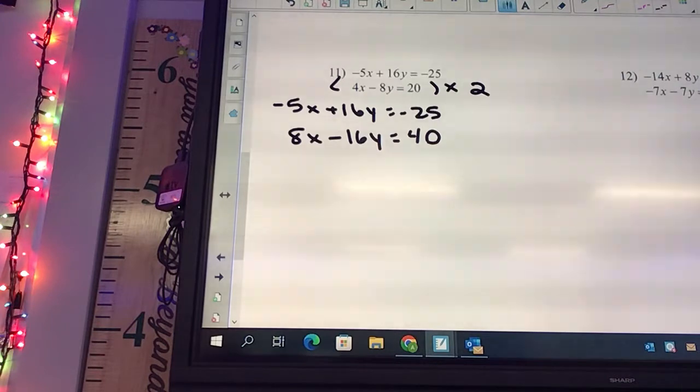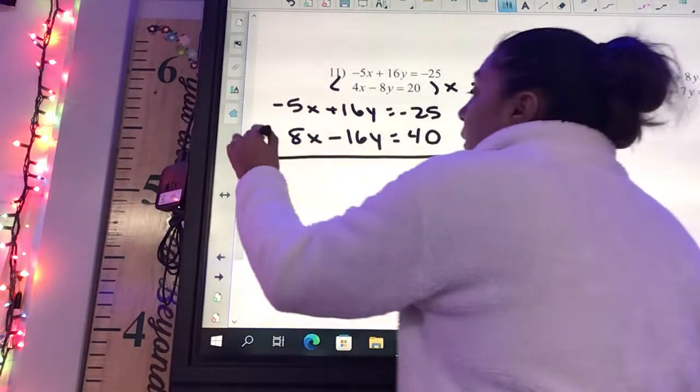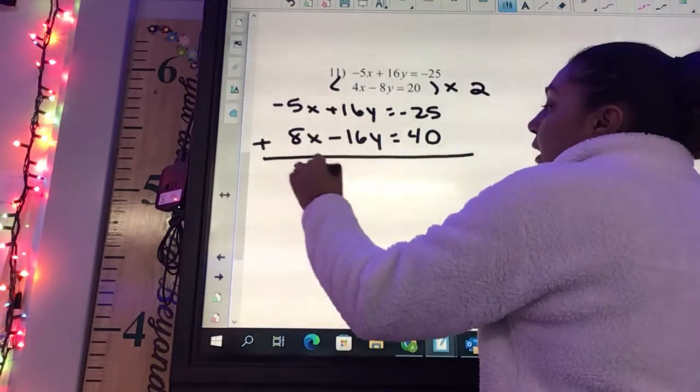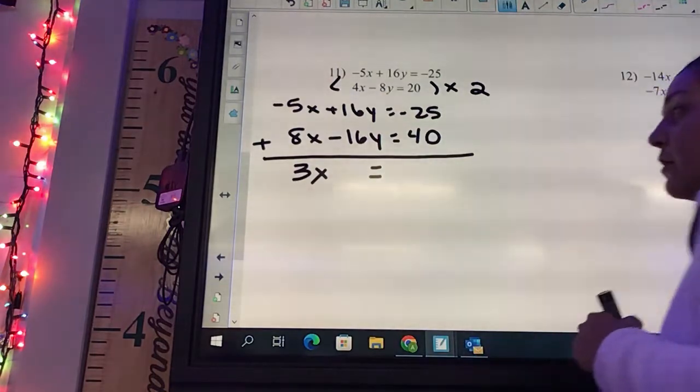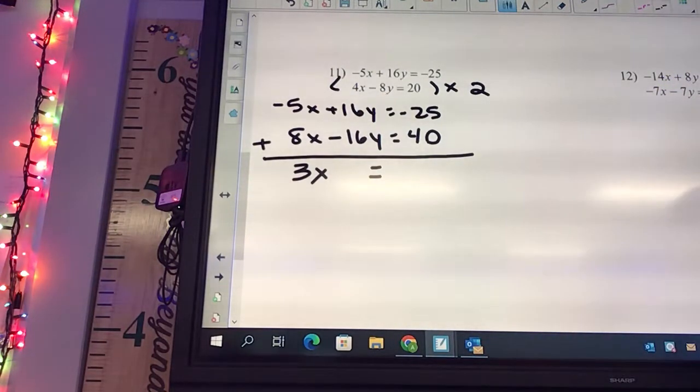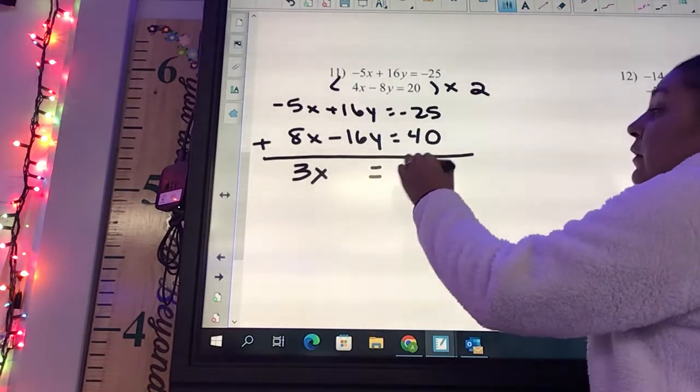Now I can look at them and say, I got 2 with the same number, different signs, so that looks good. So we can go ahead and add them together. It's going to give me 3x, my y's cancel, 35, 40, so 15.